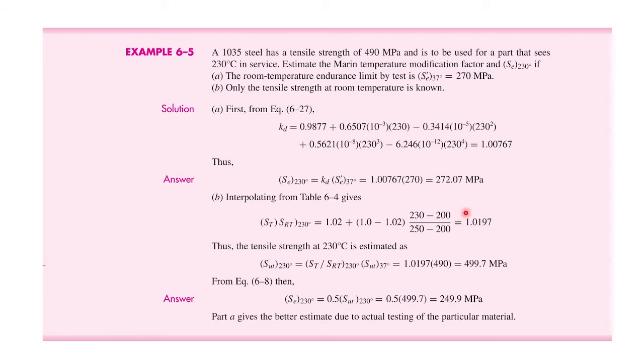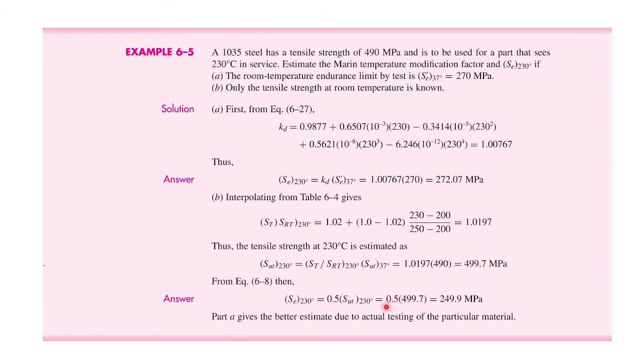You will use this ratio to correct for the tensile strength at room temperature. You multiply the 1.0197 by the ultimate tensile strength at room temperature, which is already known and given to you. Here you get the ultimate tensile strength at the service temperature of 230 degrees Celsius.